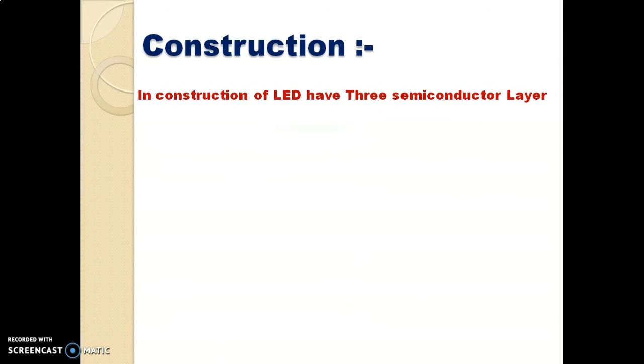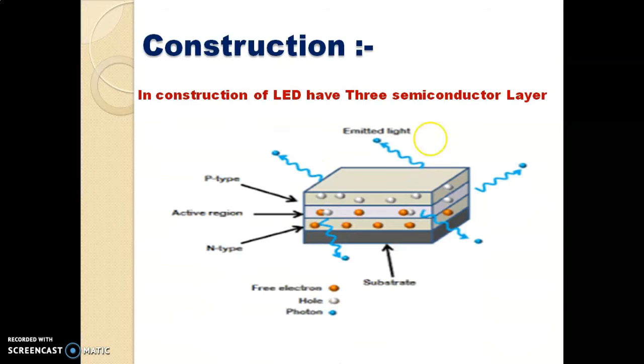The construction of light emitting diode. As shown in the figure, in the construction of LED, it has three regions: N type semiconductor region, active region, and P type semiconductor region. These three regions are placed over the substrate.